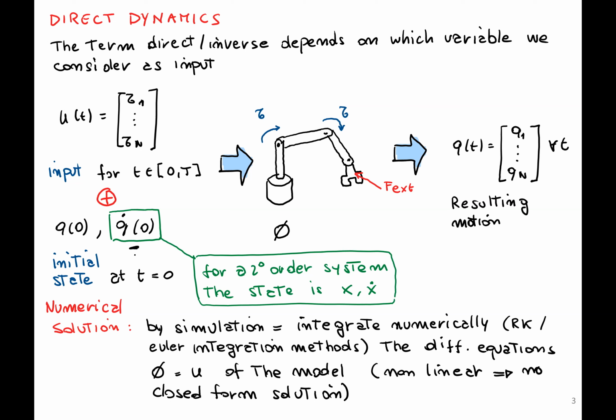This symbolic equation can be converted by inserting the values of the parameters, namely the masses, the link lengths, the kinematic parameters of the center of mass, and the inertias. They can be converted into numerical differential equations. But these numerical differential equations cannot be solved in closed form and need to be integrated numerically, resorting to, for example, a Runge-Kutta or Euler integration method.